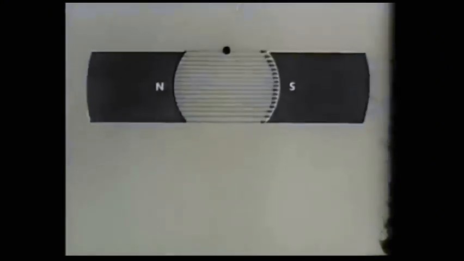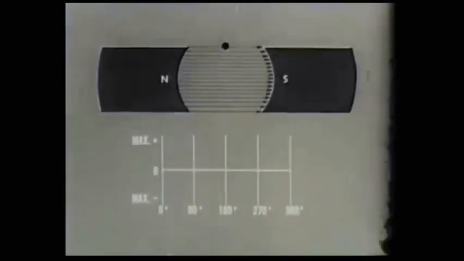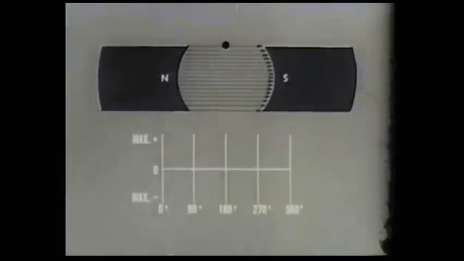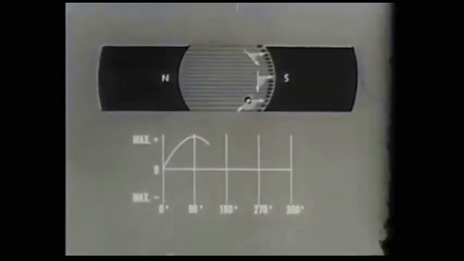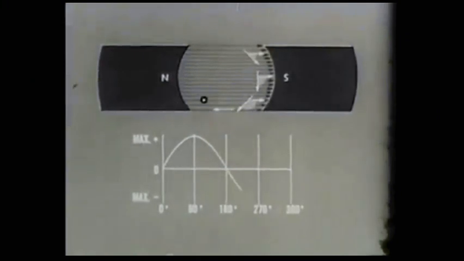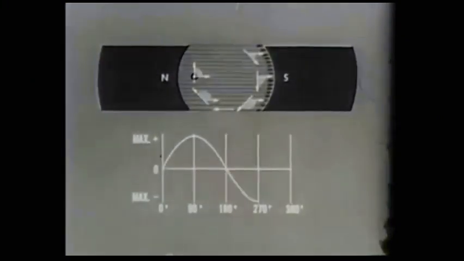The number of lines cut and the amount of EMF generated is proportional to the sine of the angle formed by the magnetic lines with the conductor motion. A graph of EMF versus conductor position during one revolution will be a sine wave representing alternating current, or AC. All rotary generators produce AC internally.